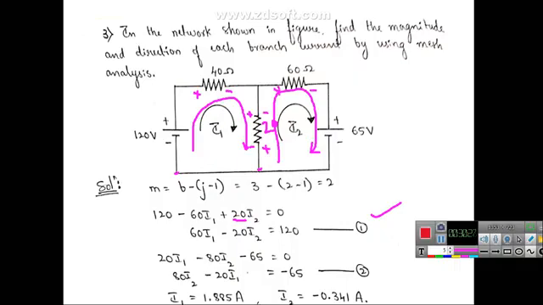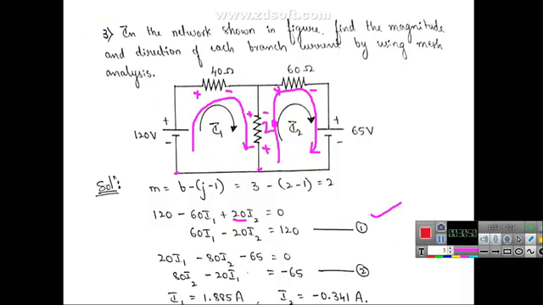Here also a fall in potential, and here also. But this 20 ohm carries the current not only I2 but also I1. The I1 is opposite, so the current is flowing from negative to positive. That means the drop due to I1 in this 20 ohm is plus 20 into I1.